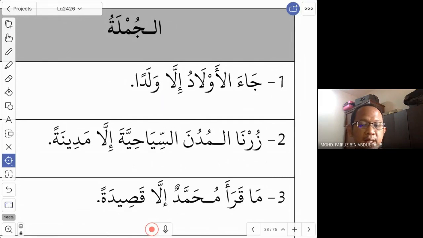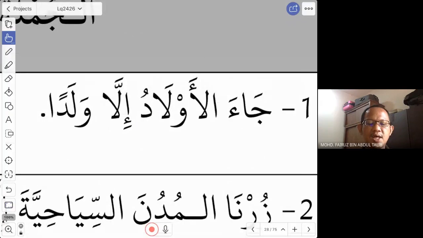Whether it is group 1, where the mustasna is mansub, whether it is in group 2, where you can have two options, mansub or following the mustasna minhu, or group 3, depending on its position in the sentence. Okay. Al-jumla al-ula, ja al-awladu illa waladan. Ja al-awladu illa waladan. Ma ma'na al-jumlah? Ma ma'na ja al-awlad illa waladan?